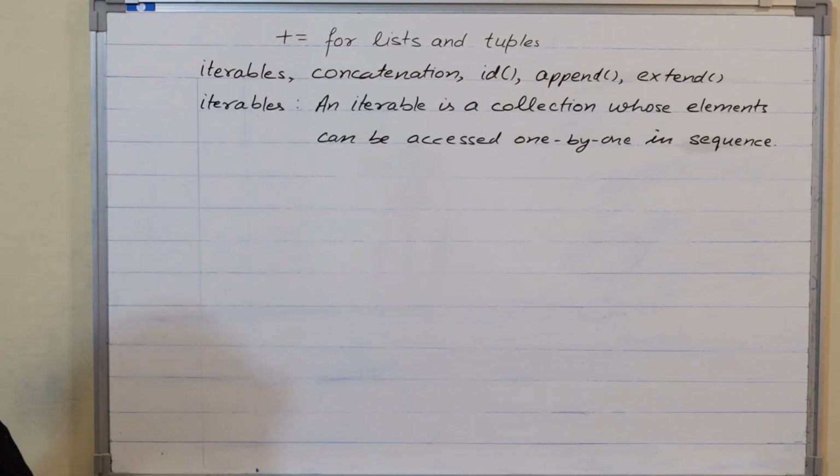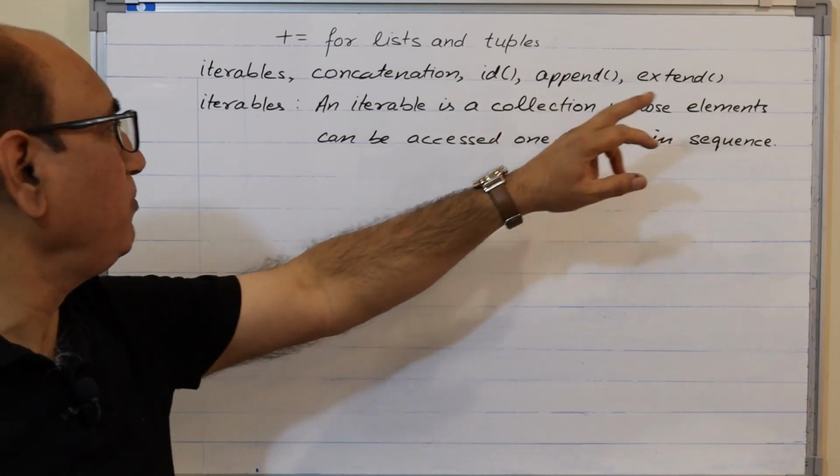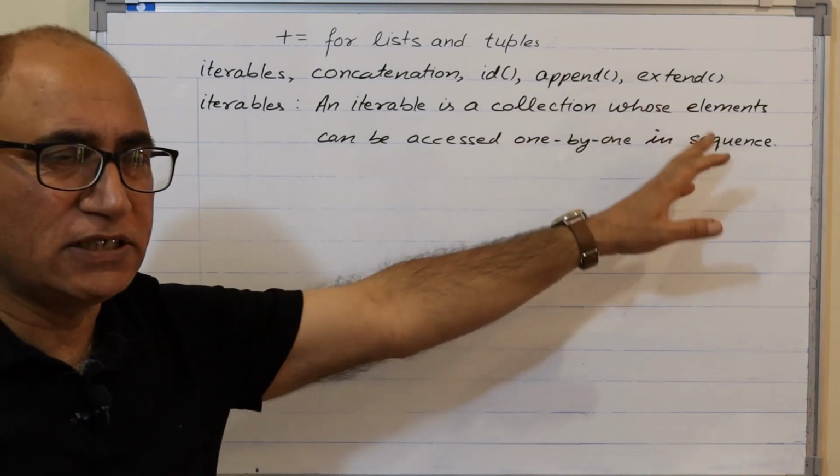What is an iterable? An iterable is a collection whose elements can be accessed one by one in sequence.